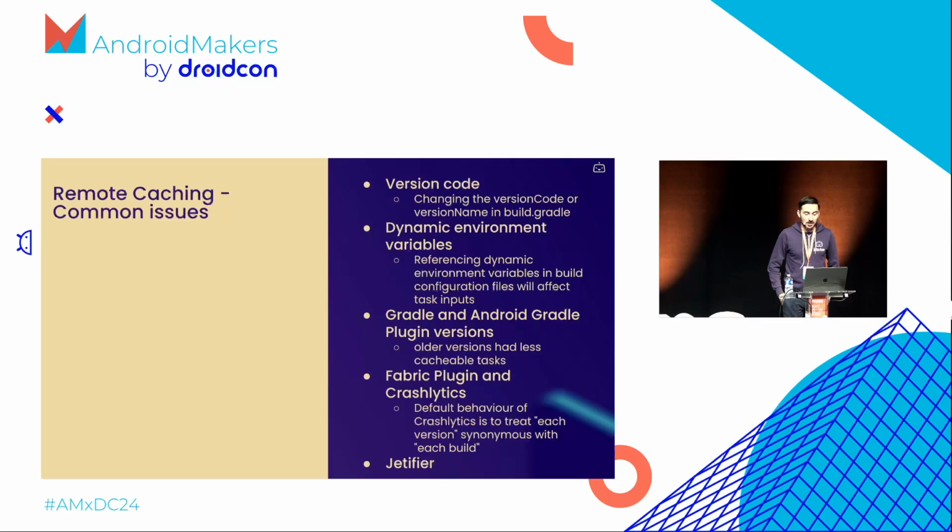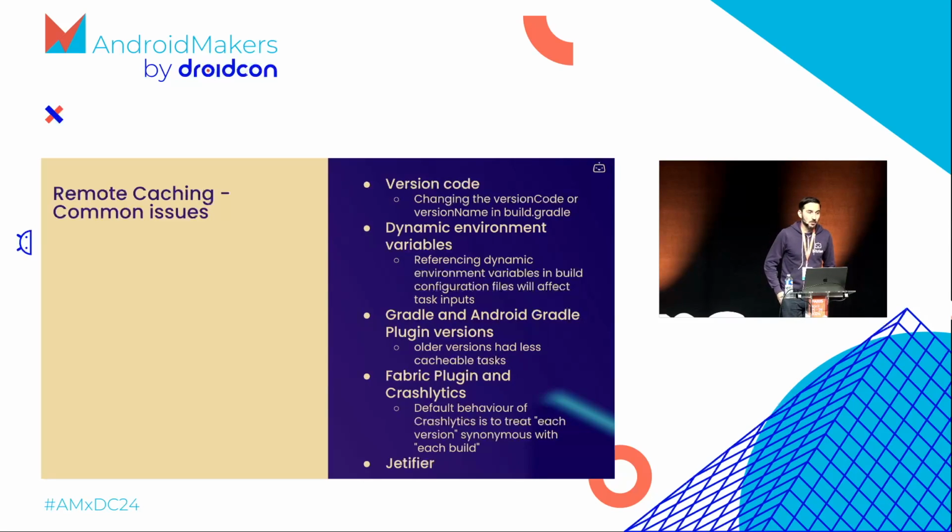Yeah, the other part is the Gradle and the Android Gradle plugins. With older versions, we saw that there are quite a few tasks that weren't cacheable, but with the latest plugin versions, the cacheable task count is basically much higher. Another one is the Fabric plugin and Crashlytics. These have a default behavior of treating each version with a separate build.